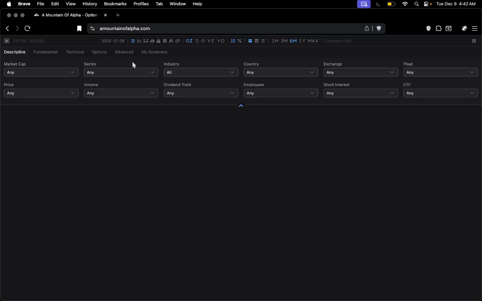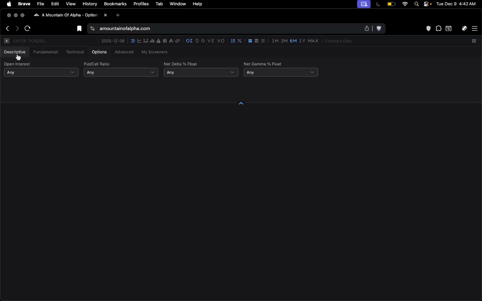But what I'm going to do is a generalized search where I'm going to look for net delta as a percentage of float over 2%. What that means is that we net out the calls and the puts, and you get a certain value, and then you take that value and divide it by the float of the equity.